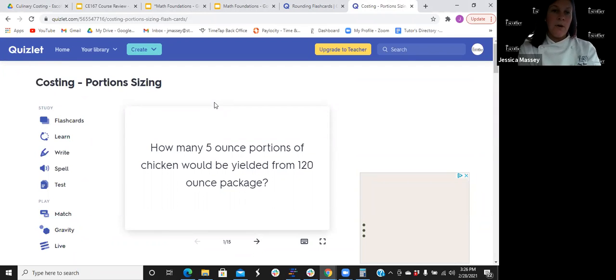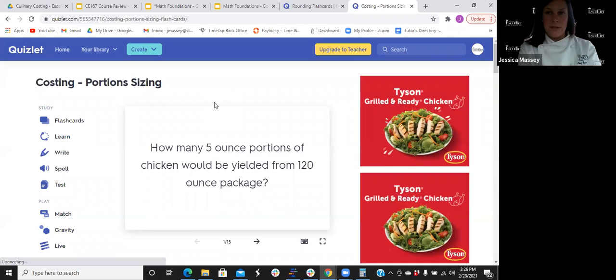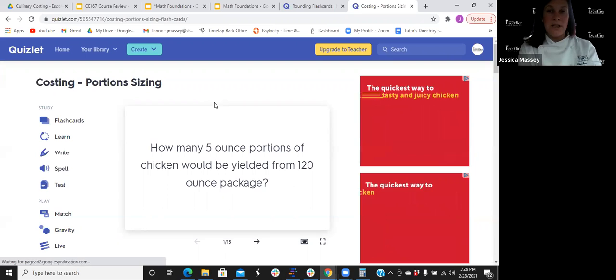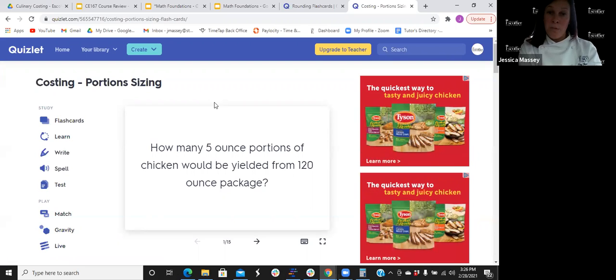So how many 5-ounce portions of chicken would be yielded from a 120-ounce package? If you have 120 ounces of chicken to start off with, and each portion is 5 ounces, you would take that 120 ounces and divide it by your 5 ounces. That's how many portions you have.